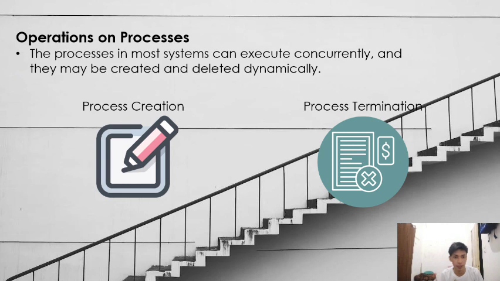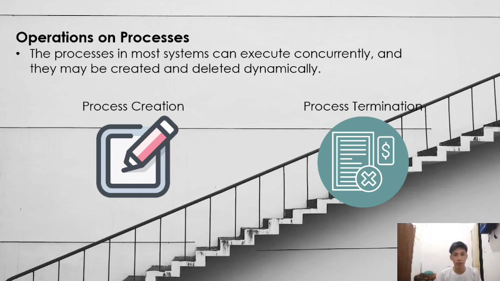So the processes in most systems can execute concurrently and they may be created and deleted dynamically. The system must provide a mechanism for process creation and termination. In this section, we explore the mechanisms involved in creating processes and illustrate process creation, and then process termination.